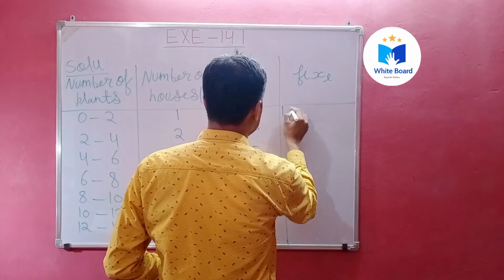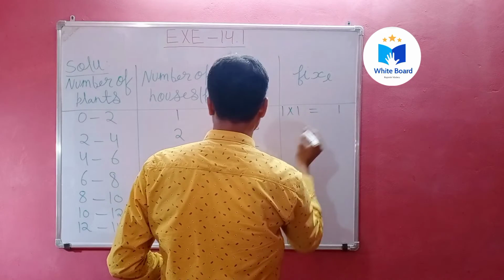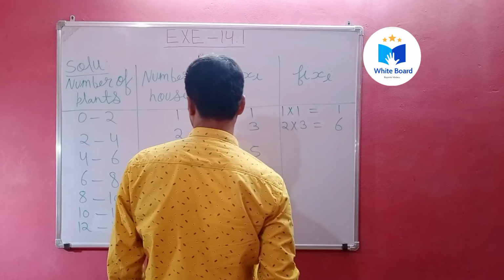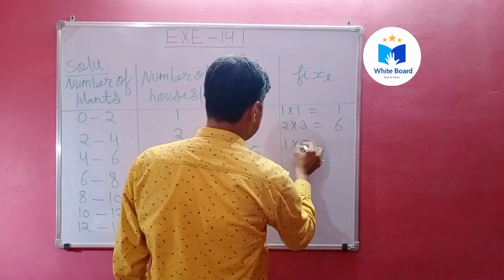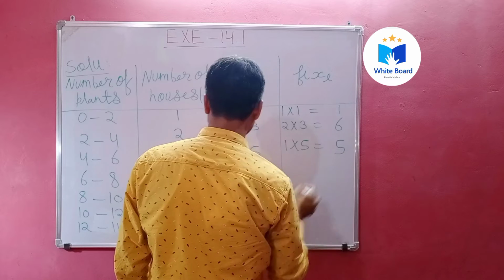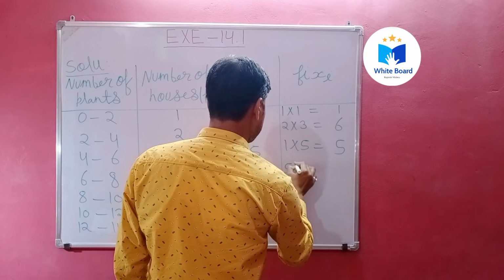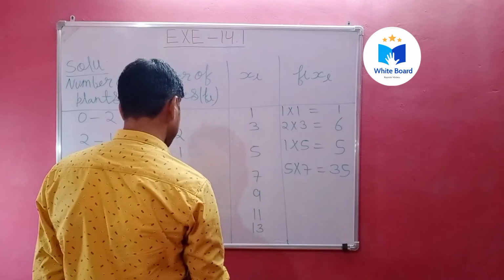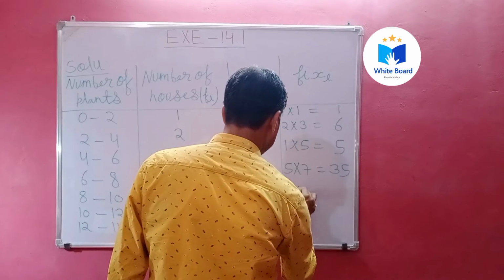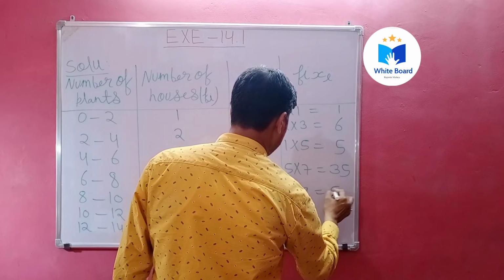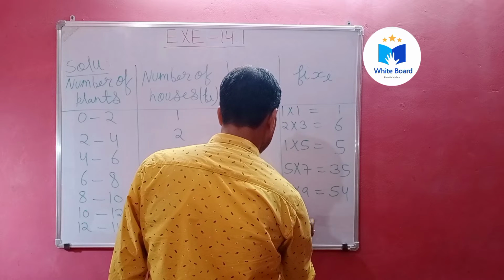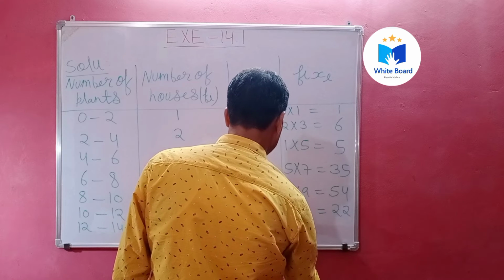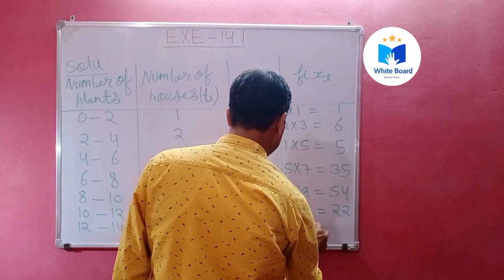That will be equal to 1 into 1 equal to 1, 2 multiply 3 equal to 6, 1 multiply 5 that is equal to 5, 5 multiply 7 that is equal to 35, 6 multiply 9 equal to 54, 2 multiply 11 equal to 22, 3 multiply 13 that is equal to 39.